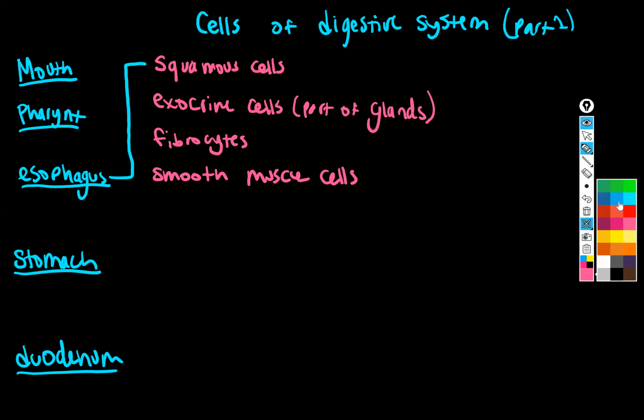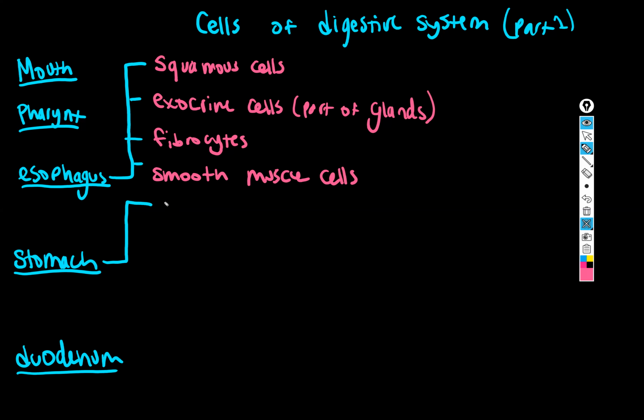So the stomach is going to have, in the mucosa, columnar epithelium at the top, but those particular columnar cells are not absorptive.